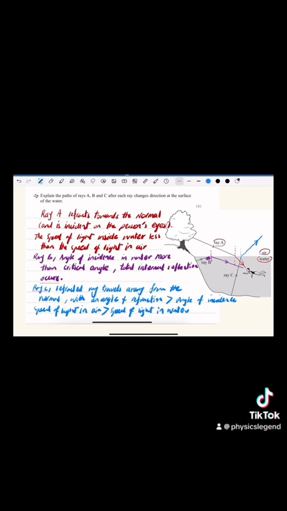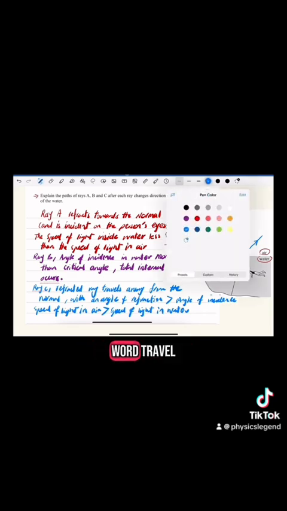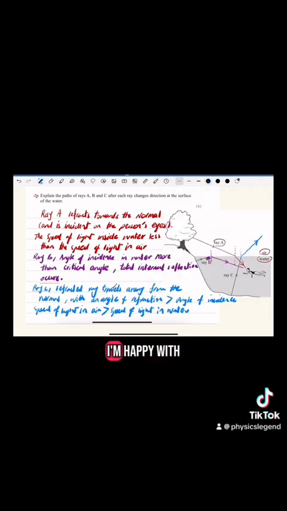So as a result, because the refracted ray travels away from the normal, should I change the word travel? I'm happy with the word transmitted away from the normal. It's a kind of refraction which is away from the normal, which indicates that the speed of light in air is more than the speed of light in water.